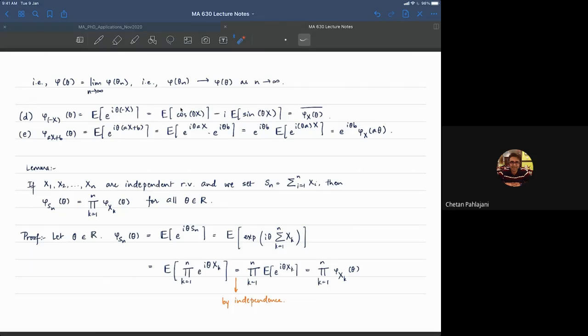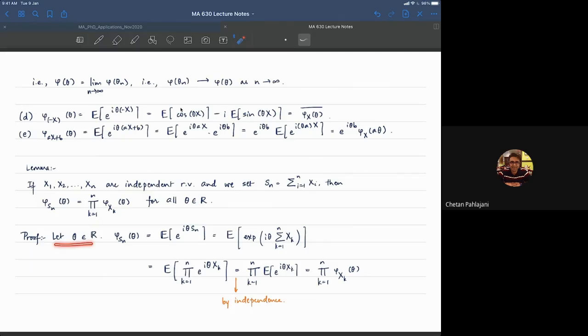It's quite easy to check. This basically relies on an idea that you have seen many times: independence means multiply. If I take a product of independent random variables and take the expectation, I could have taken the expectation first and then the product, and I would get the same thing. So that's what we'll do here.